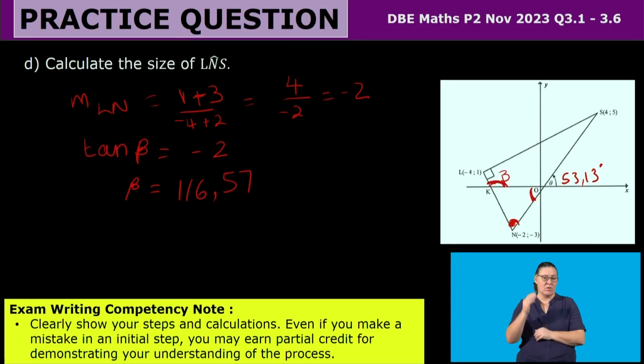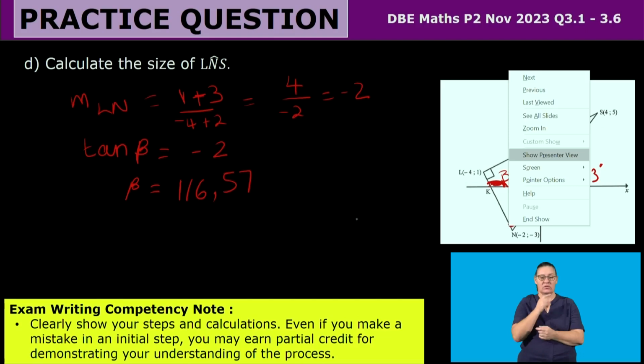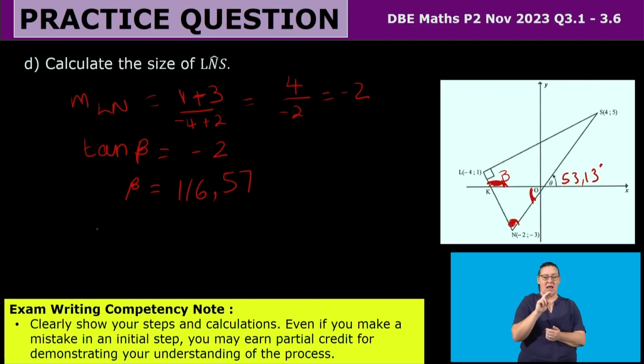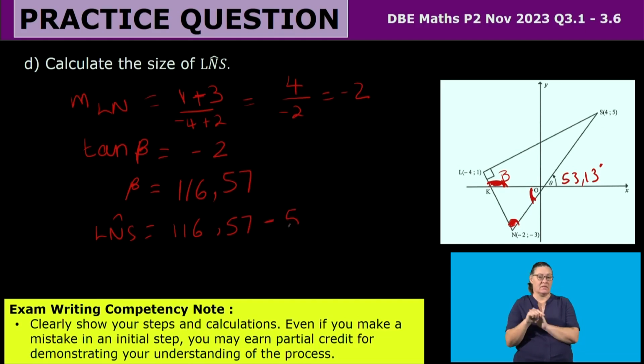We already know that this angle KON is 53.13, so therefore angle N, using exterior angle of triangle is equal to the sum of the interior opposite, we can work out that angle LNS is going to be equal to 116.57 minus 53.13.